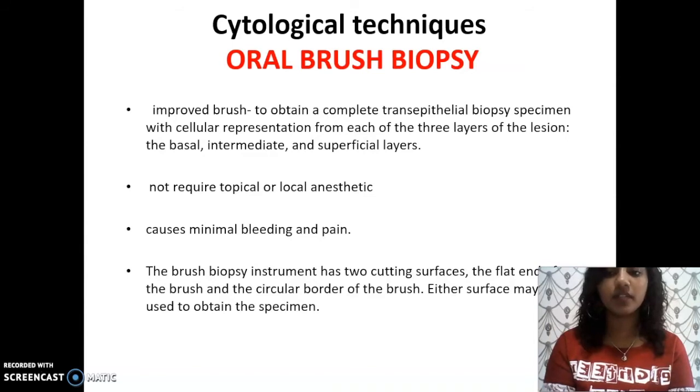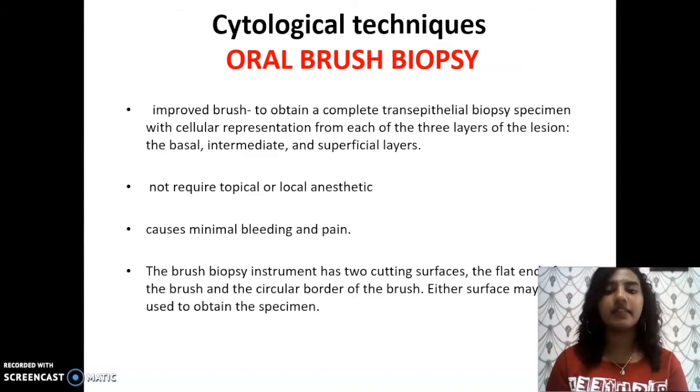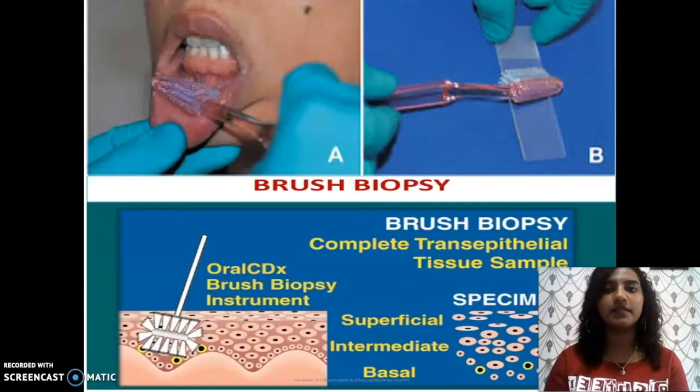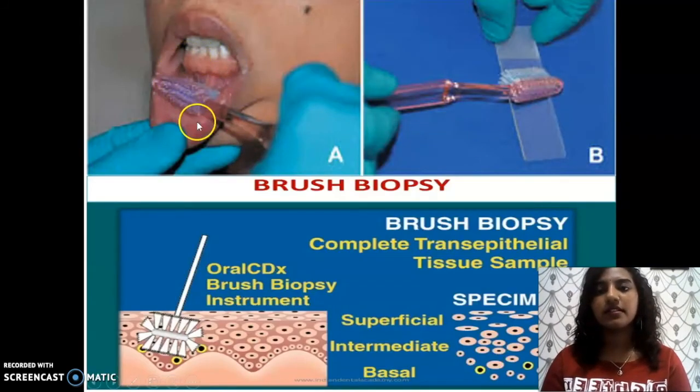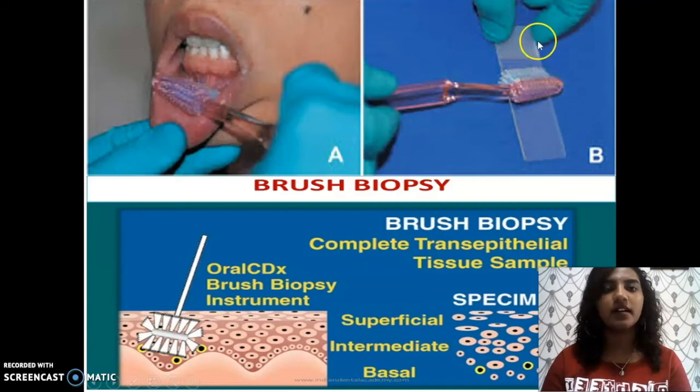The oral brush biopsy instrument has 2 cutting surfaces, the flat end of the brush and the circular border of the brush. Either surface can be used to obtain the specimen. So this shows, picture A shows a specimen collected and smeared on a glass slide and undergoes staining.